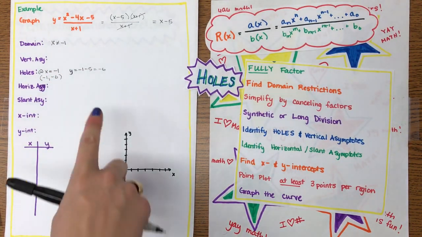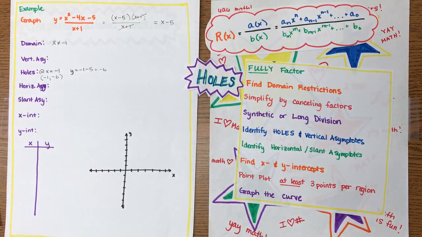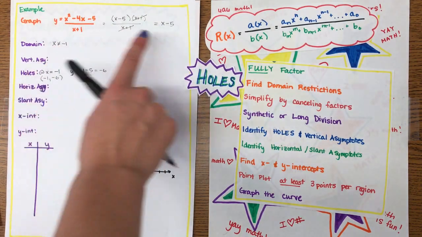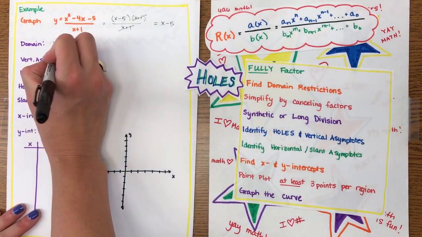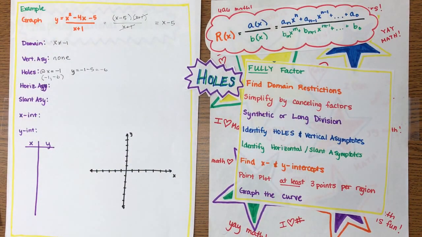It's really important that we plug into our simplified equation, not our original equation. If we plug into our original equation, we will get undefined, and that's not really helpful information. So there is a hole at the point -1, -6. In my simplified equation, there are no domain restrictions, so there are no vertical asymptotes in this graph.